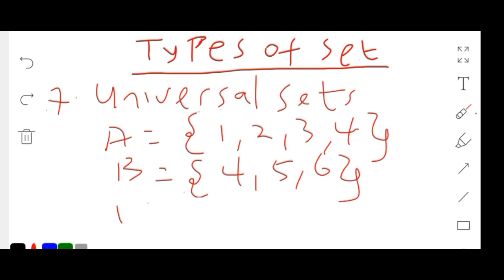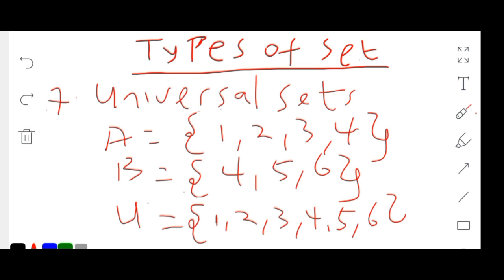Then our U, which is the universal set, must be 1, 2, 3, 4, 5, 6. This is containing all the elements in A and B. So you can see it's containing all elements in A and B. That's why I call it universal set. It must contain all possible elements that we have. Let's go to another set.